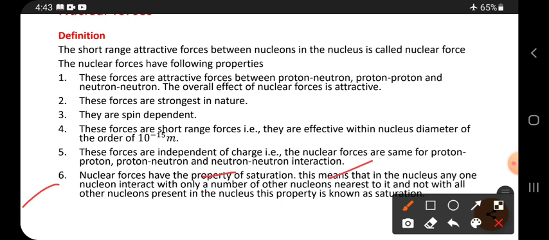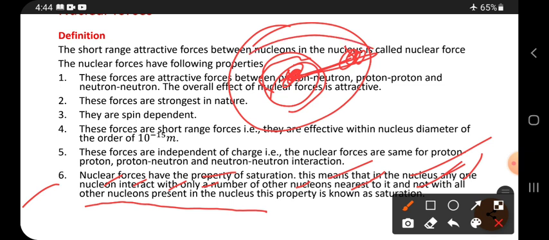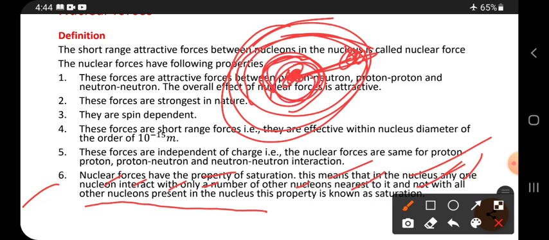This means that in the nucleus, any one nucleon interacts with only a number of other nucleons nearest to it, and not with all the other nucleons present inside the nucleus. It only interacts with nucleons which are very close to it. That is called the property of saturation.